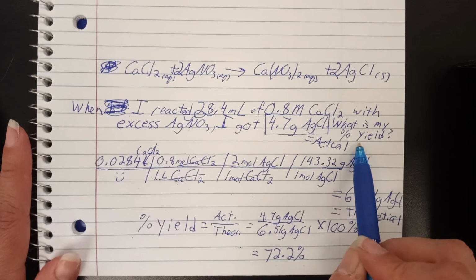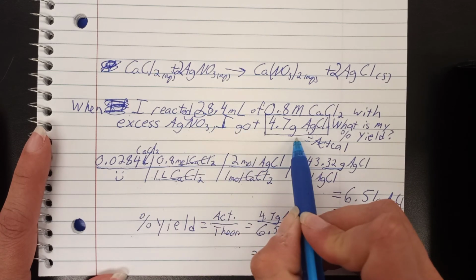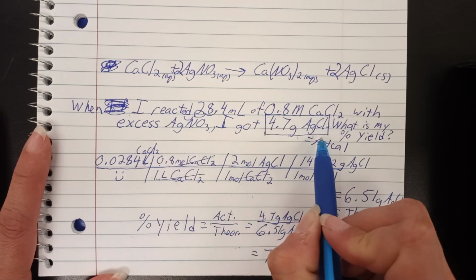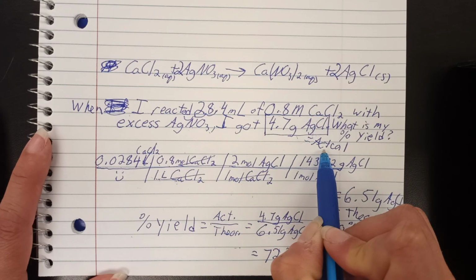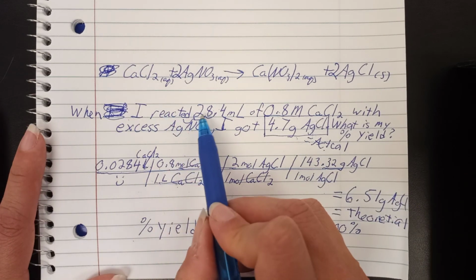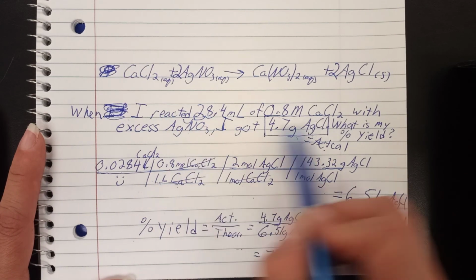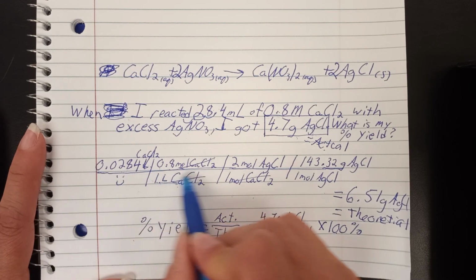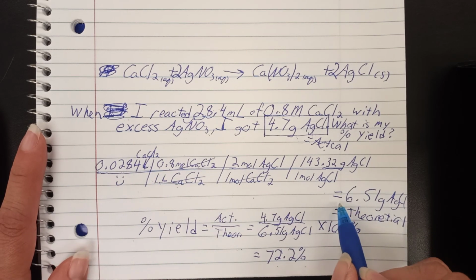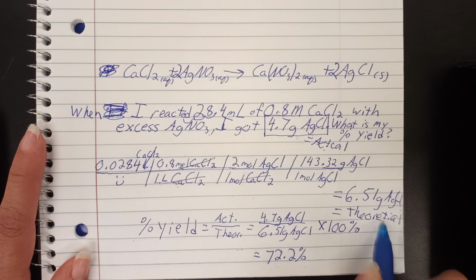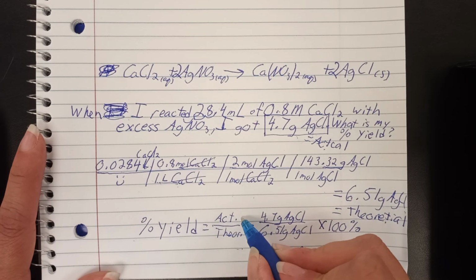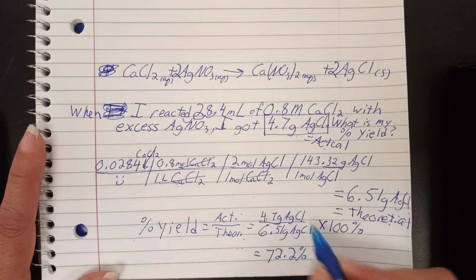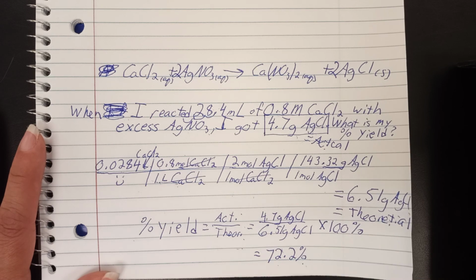What is my percent yield? The product that you're given is your actual yield. That's how much it made. You're going to take your reactant quantity and stoichiometry it out to tell you how much you should have gotten. That's your theoretical yield. And then you will take your actual divided by your theoretical times 100%, which will give you your percentage.